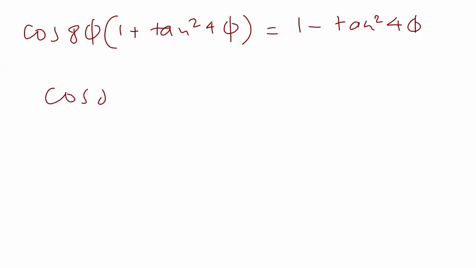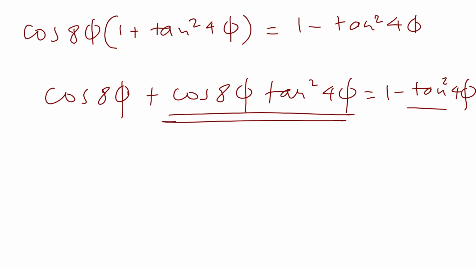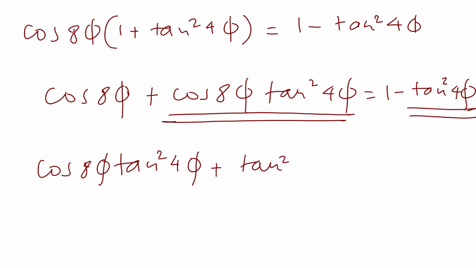Cos 8 phi plus cos 8 phi tan square 4 phi is equal to 1 minus tan square 4 phi. Okay. Now I require the value of tan 4 phi, right? So the terms having tan 4 phi, I'll keep those terms together. Okay. So cos 8 phi tan square 4 phi plus tan square 4 phi. And these two terms, I'll keep on the right hand side. They don't have tan 4 phi along with them.